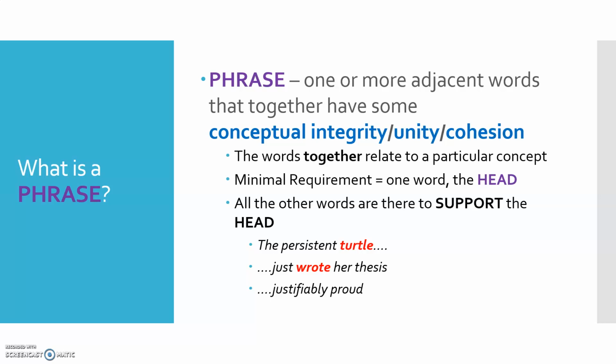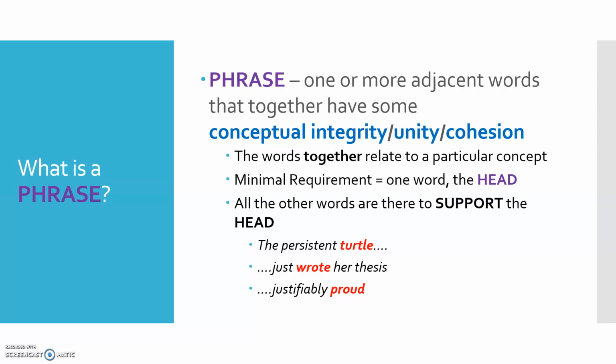And then just says it was something that was completed just recently, and her thesis now completes our understanding of what she was writing. So those other words are there to support the head. How about justifiably proud? Well, you can see how the minimum requirement there is proud, because we could say I was proud.